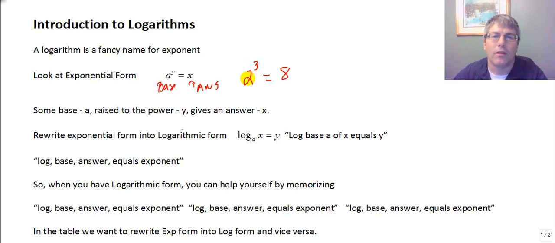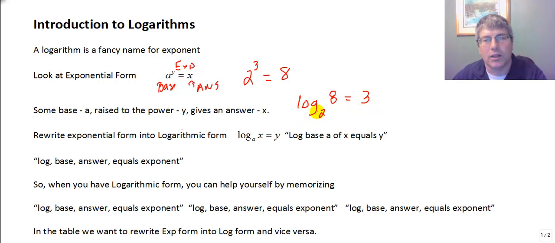If I wrote 2 to the third equals 8, well, my base is 2, so log base 2 of x. Well, x was my answer, so log base 2 of 8 equals, and in this case my y was my exponent, so log base 2 of 8 equals 3.